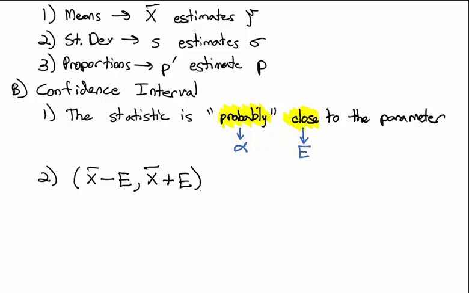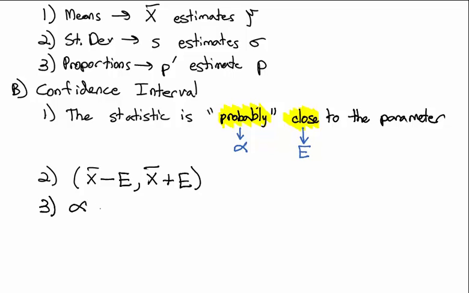We're saying the actual mean falls somewhere between our statistic minus the error and the statistic plus the error. Depending on our context, we'll calculate the error differently. There's 3 contexts we're going to look at today, and we'll look at the different formulas to calculate error.